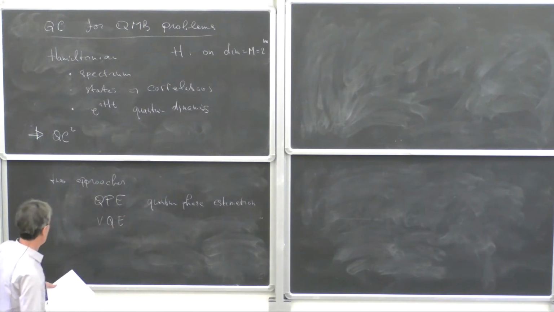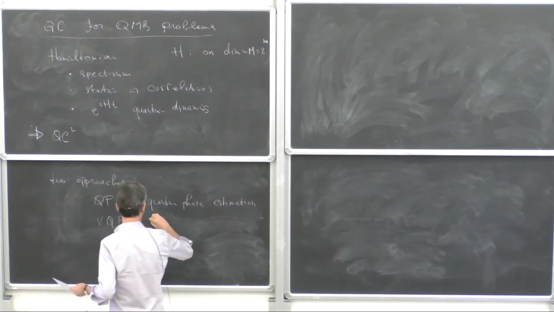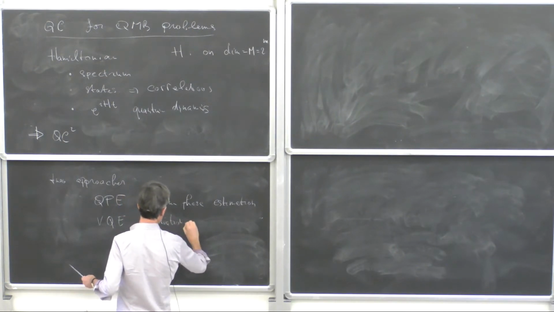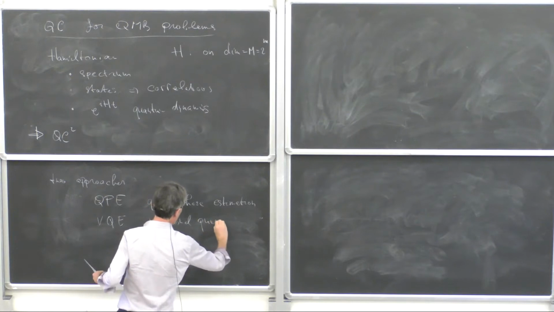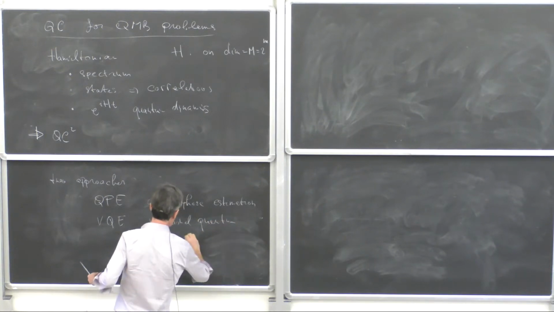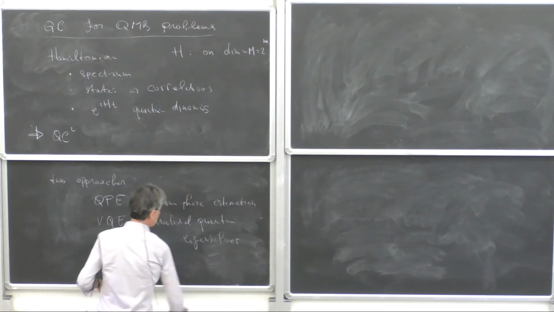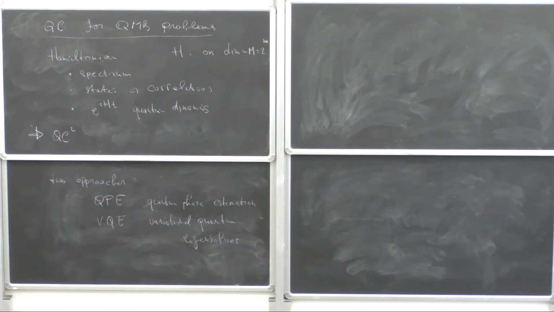The Q is quantum, the V is variational, and the E is eigensolver. So it's like a machine, a program, a software package that cranks out eigenvalues and eigenstates of complicated many-body Hamiltonians.